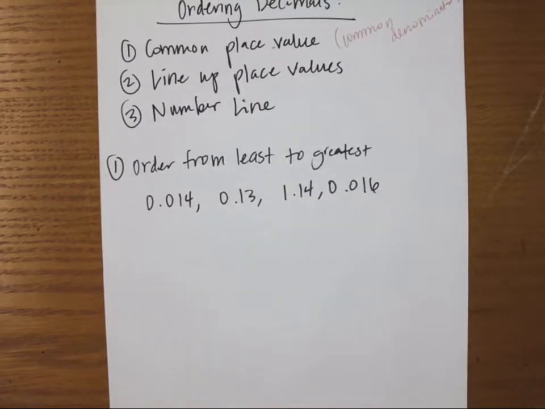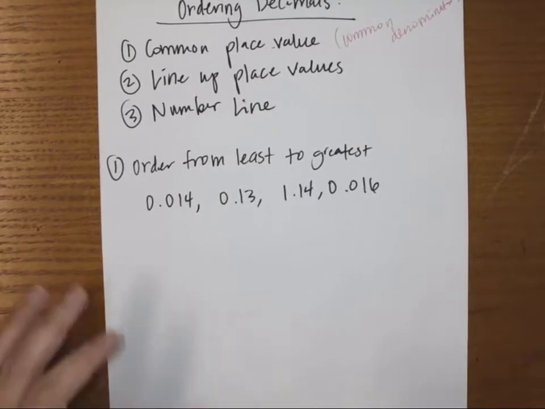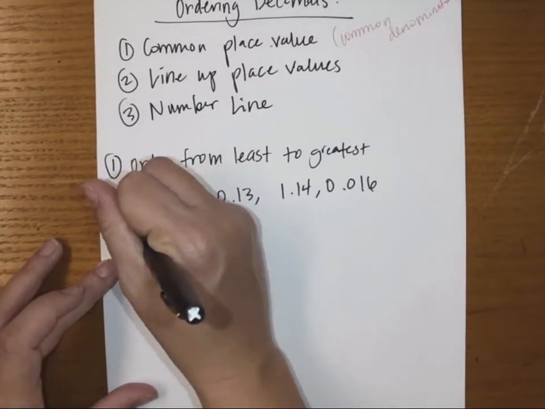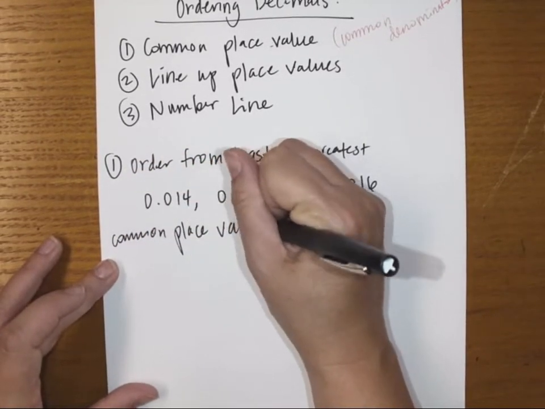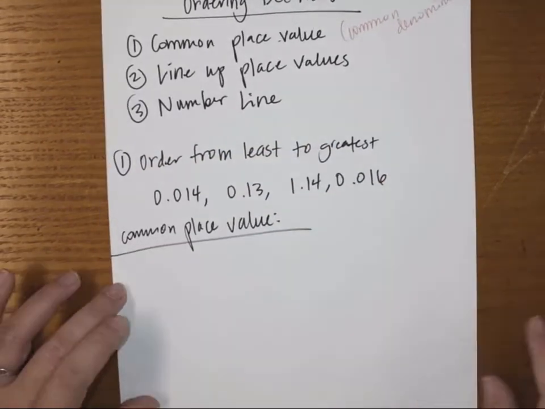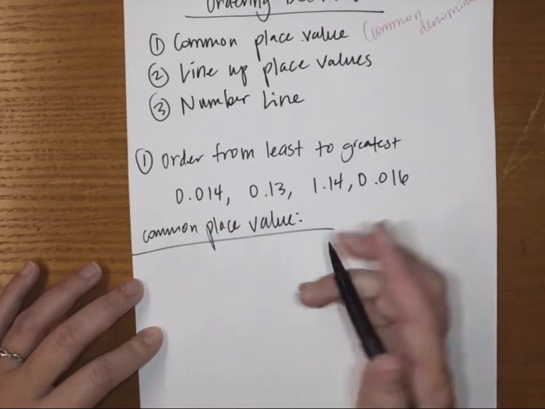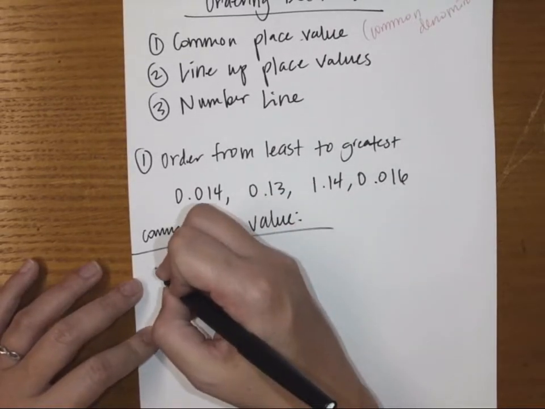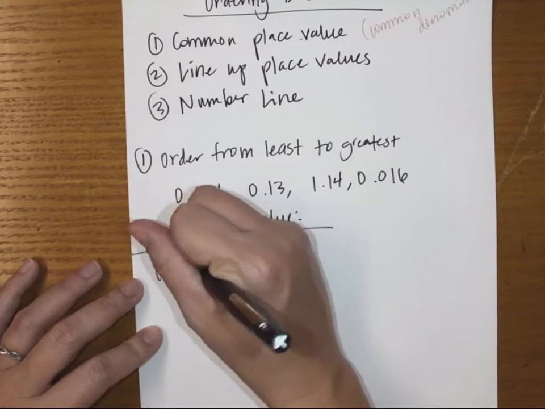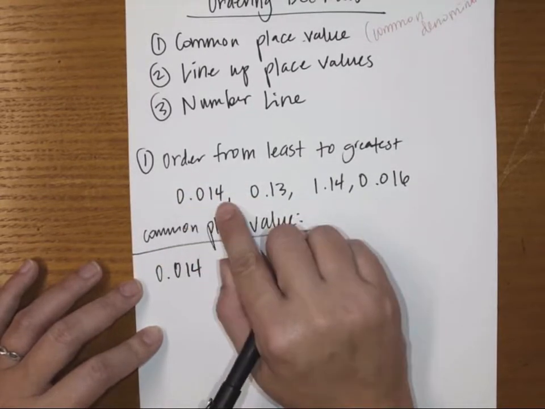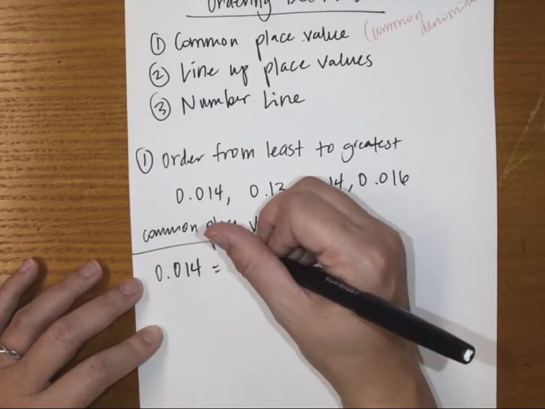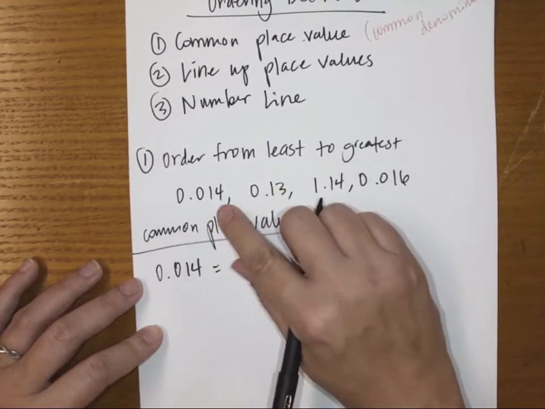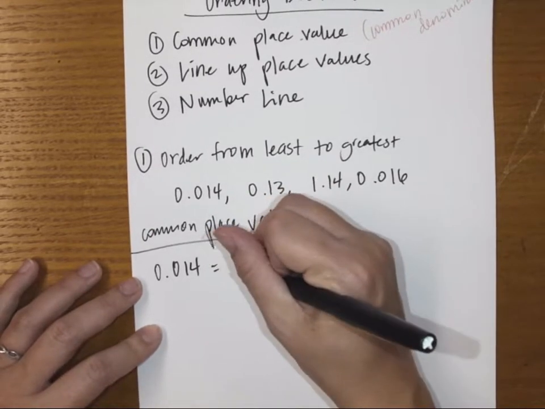Okay, so the first method, let's use the common place value. What I'm going to do here is get a common denominator. I'm going to turn these into fractions and get a common denominator. For the first one, 14 thousandths, my fraction would be 14 on top. The 4 is in the thousandths place, so 1,000 on bottom.